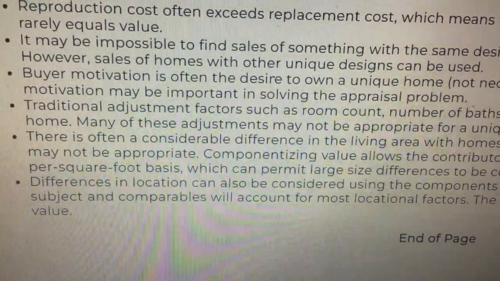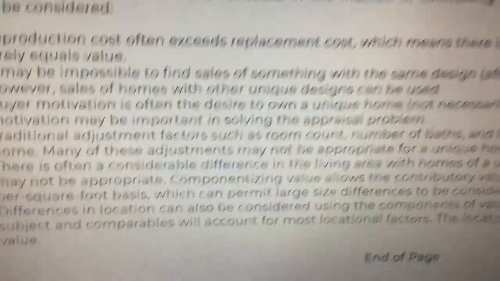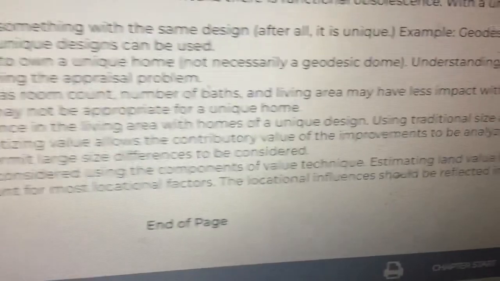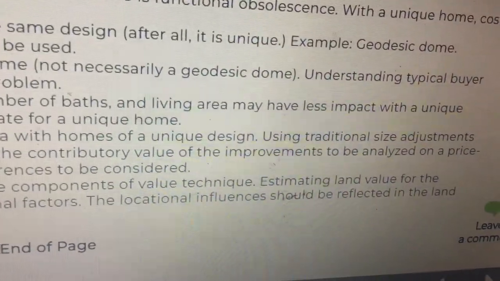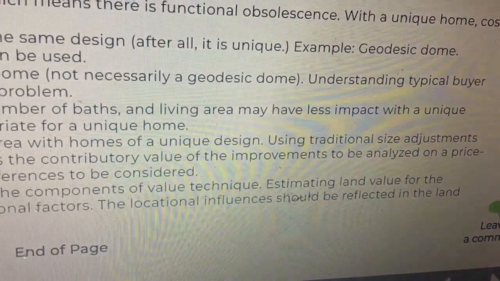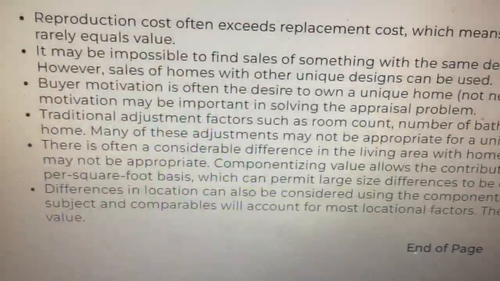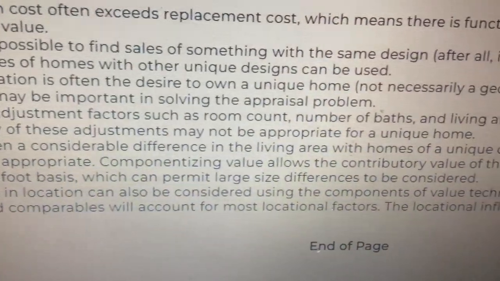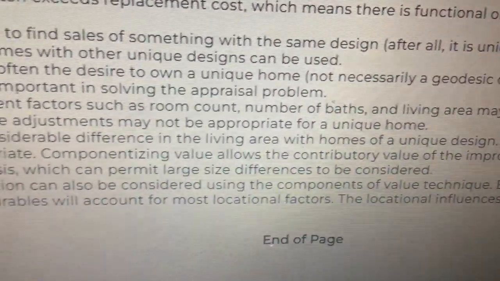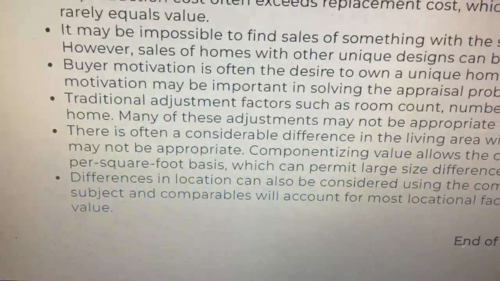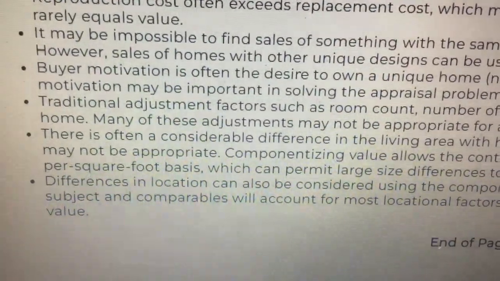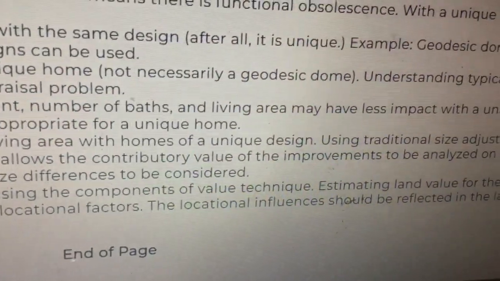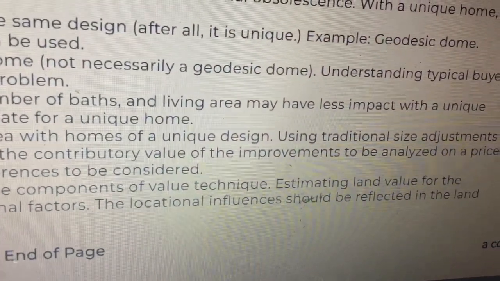Traditional adjustment factors such as room count, number of baths, and living area may have less impact with a unique home. Many of these adjustments may not be appropriate for a unique home. There is often a considerable difference in the living area with homes of a unique design.